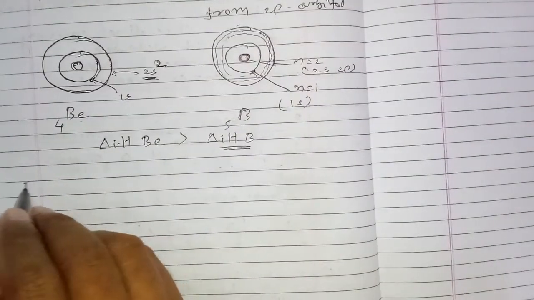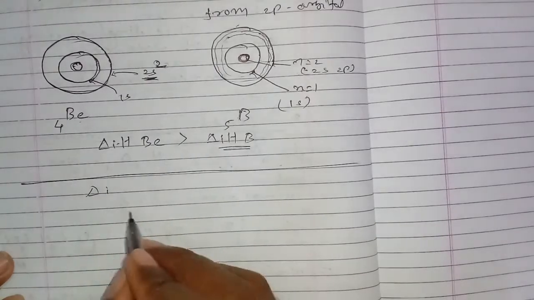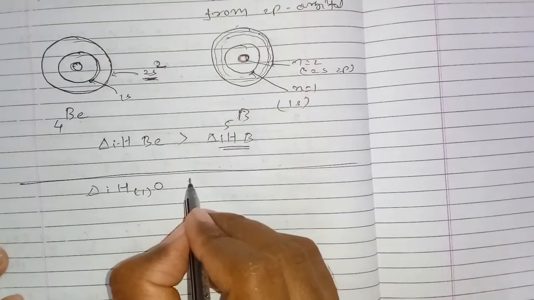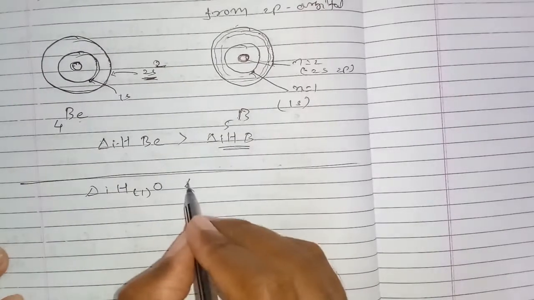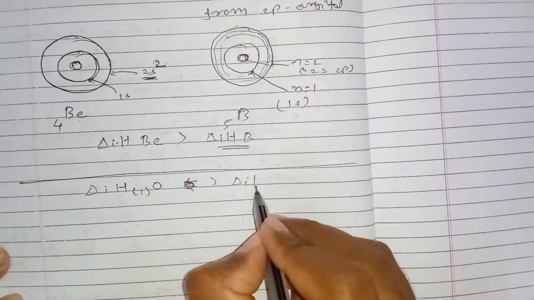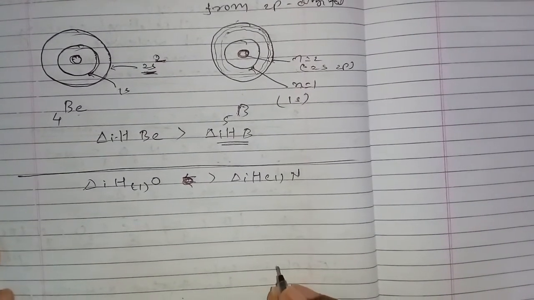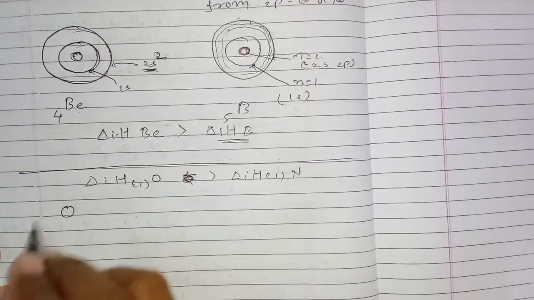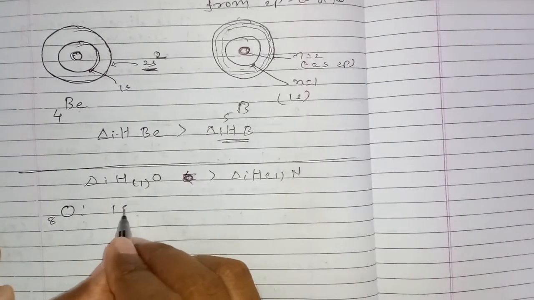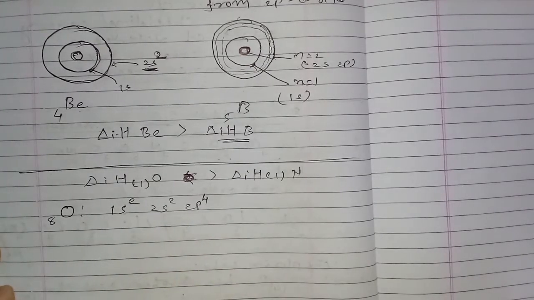And the second trend: first ionization enthalpy of oxygen is less than first ionization enthalpy of nitrogen. Oxygen, its atomic number is 8, its electronic configuration is 1s2, 2s2 and 2p4.